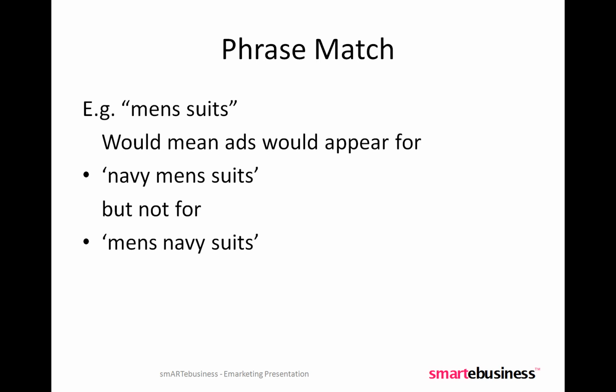So you could probably look to see whether things convert better for a phrase match, or whether they convert better for a broad match. But if you've got something specific, like a specific piece of software or a specific product, then you probably want to go for a phrase match, because if those words are changed around or added words added in the middle, it might not necessarily be the same product that you have and are selling.